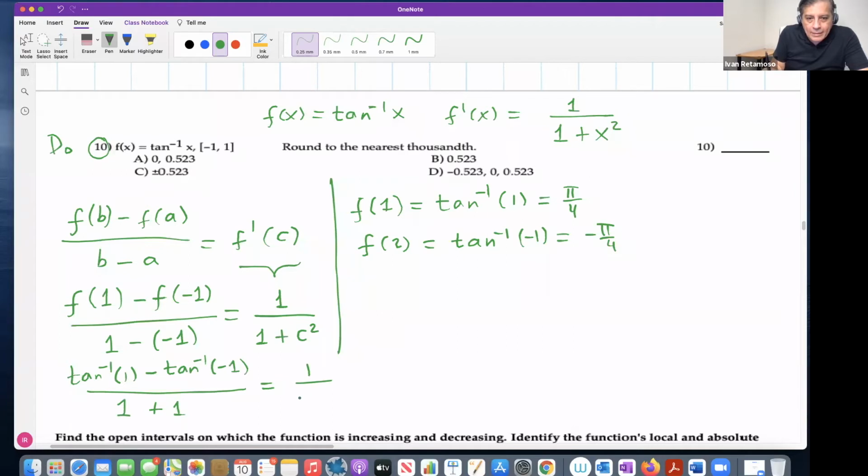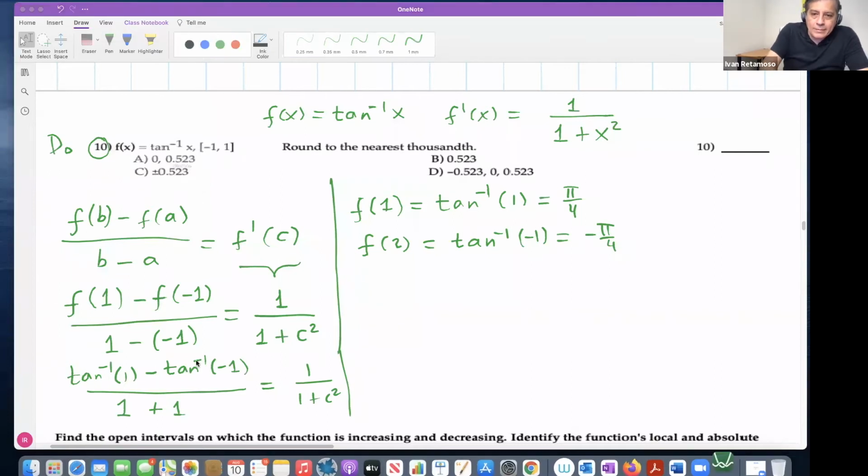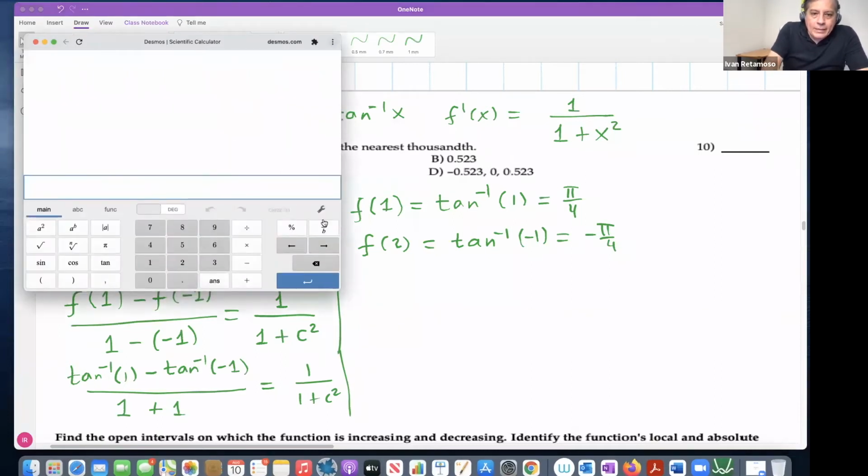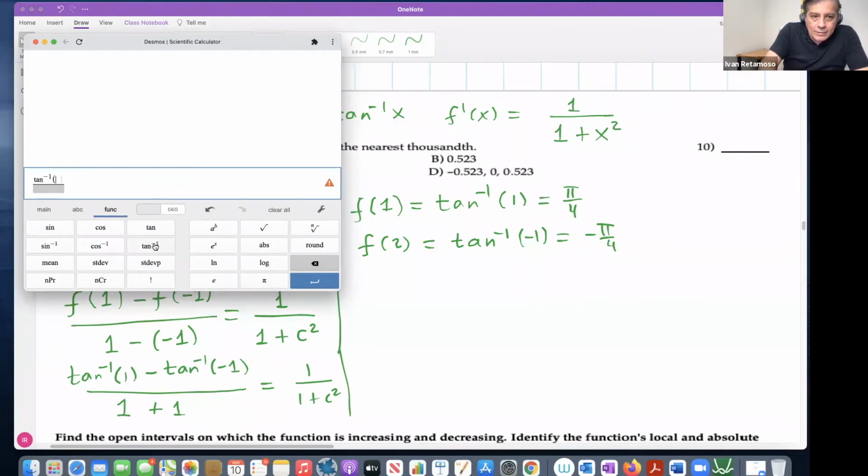And this here, 1 over 1 plus c squared. Let the calculator do this work. We click here on fractional form, tangent inverse. Where's tangent inverse, Professor? Here on functions, tangent inverse. Tangent inverse of 1 minus tangent inverse of -1.